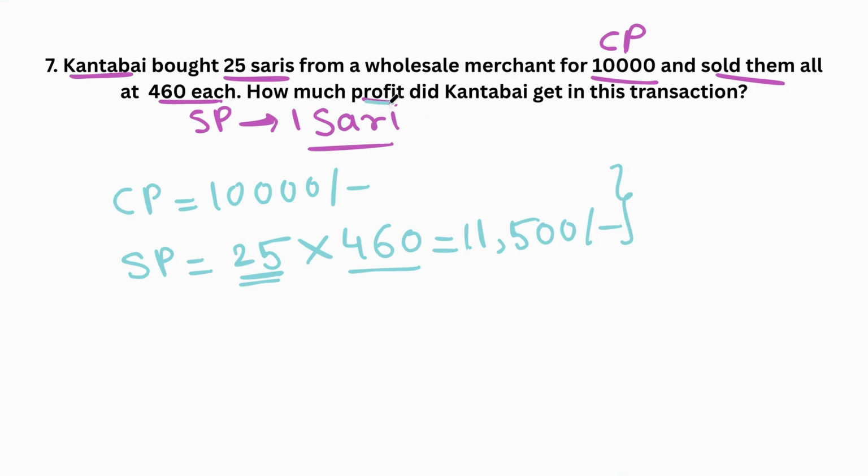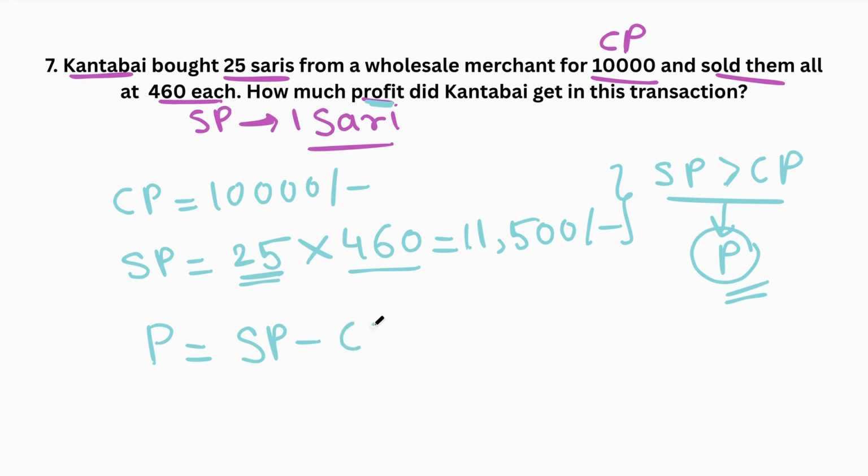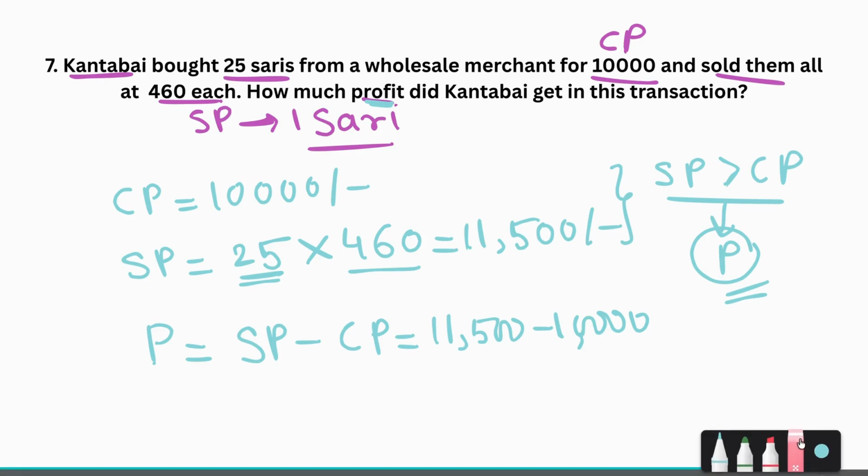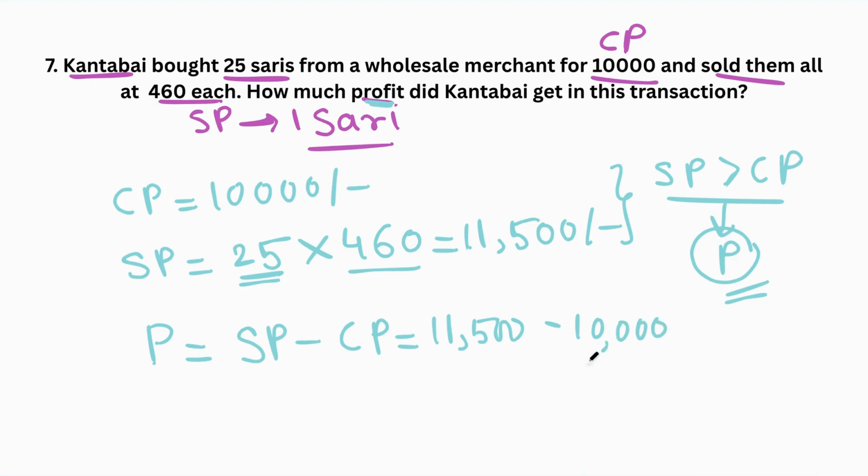Now let's compare. Although they have given us that she will be making a profit, but let's check, right? So here the selling price is greater than the cost price. That means it was a profit which is given in the question, but still we are checking it. So the formula for profit is selling price minus cost price equals 11,500 minus 10,000, right?